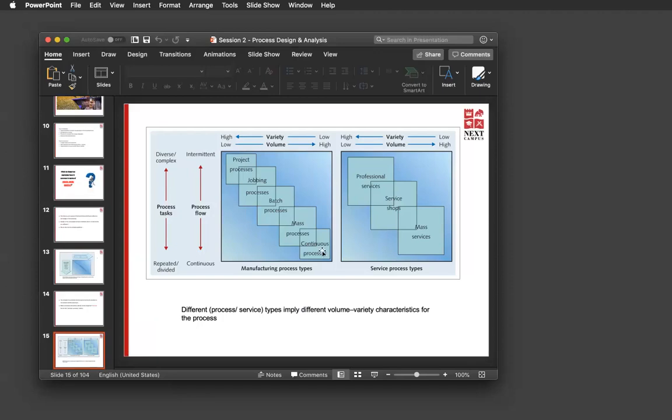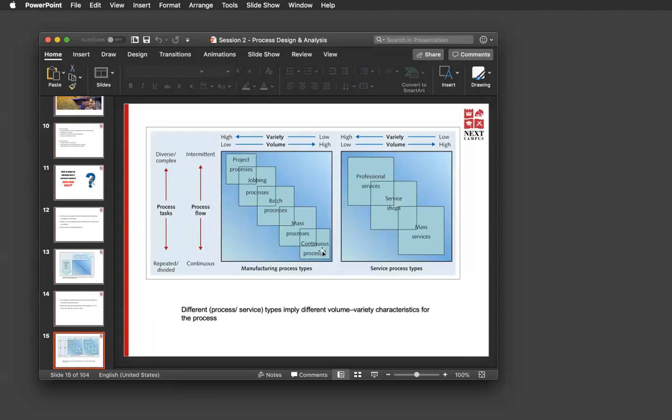A project process is a process that is used to customize a product, where volume is low and variety is going to be high. A continuous process is the other side of the coin, where your volume is very high and your variety is very low. And a continuous process, you can automate to a high level, right?